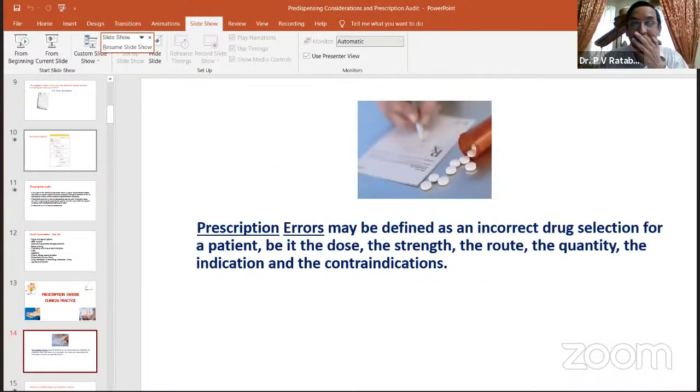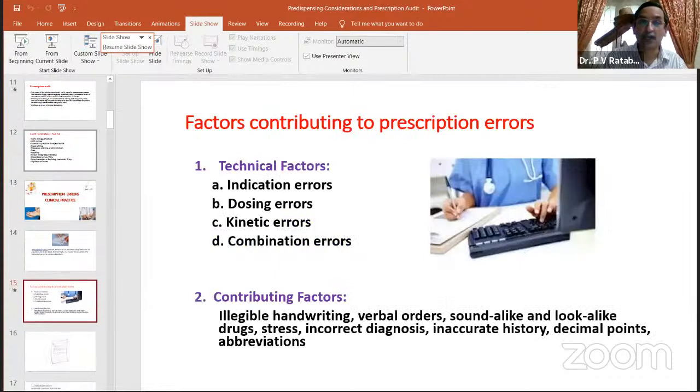So prescription errors may be defined as an incorrect drug selection for a patient, be it the dose, the strength, the route, the quantity, the indication, and the contraindications. So factors contributing to prescription errors, there are technical factors, we have indication errors, we have dosing errors, we have kinetic errors, and we have combination errors.